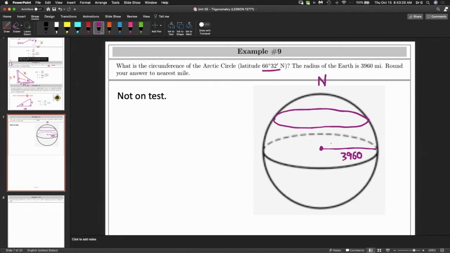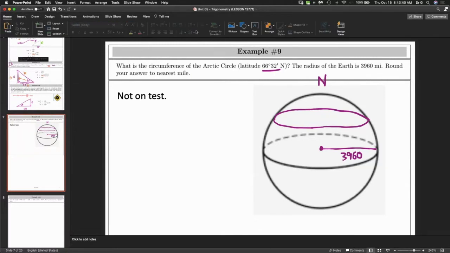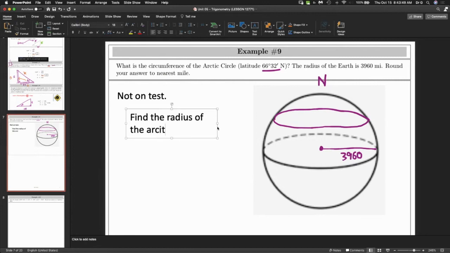And then what we need to find is the radius of the Arctic Circle. So let me just type that here. I should capitalize that.